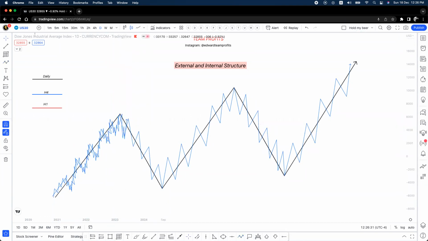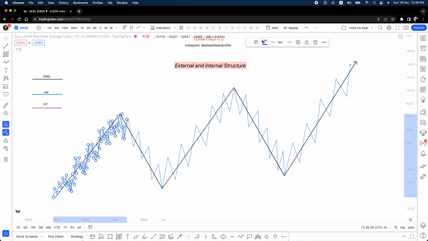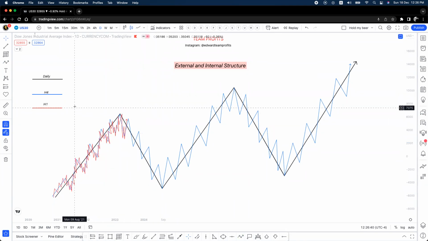Just an example. Now let me change the color to red. So we have three structures. We have the external for the bigger time frame, we have the H4 internal, and even more internal. If you keep going to smaller time frames, we're going to see more structures.